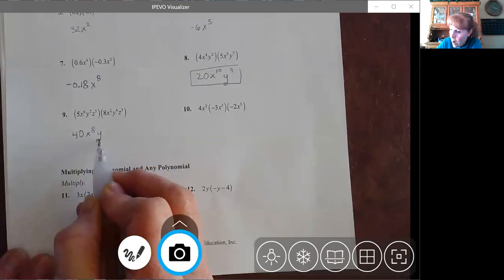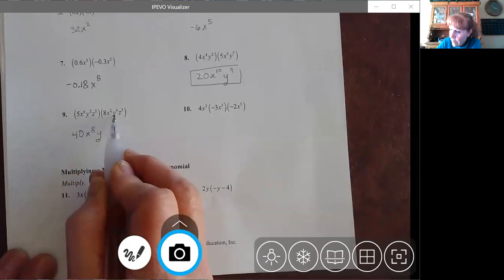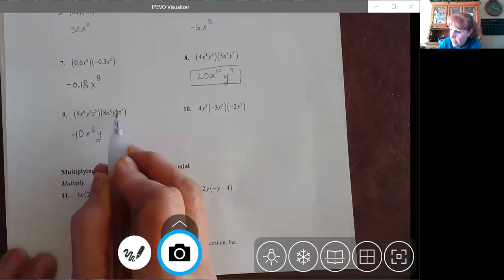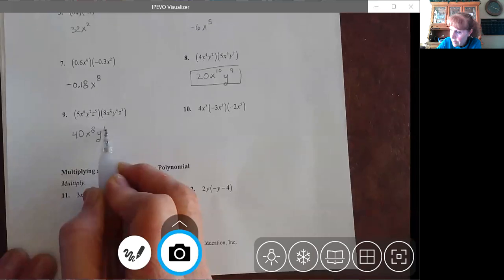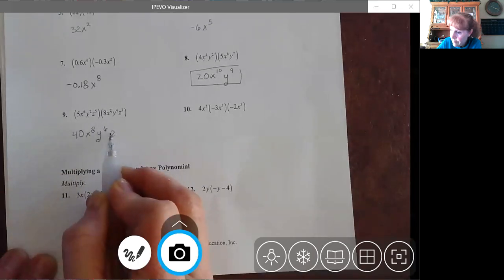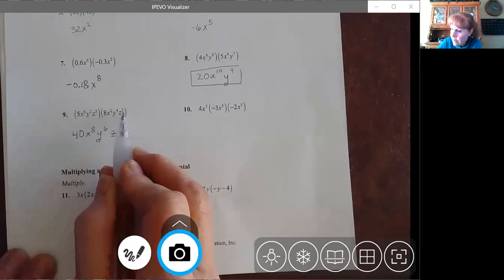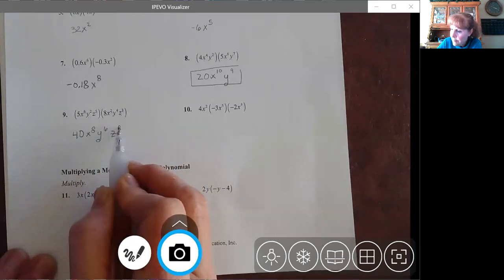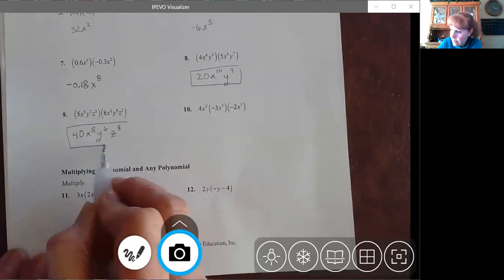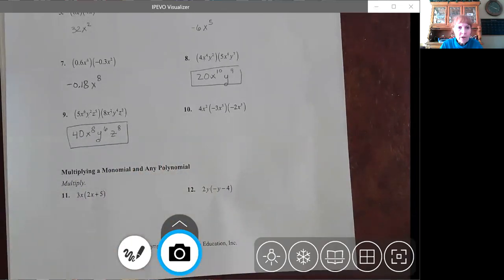Then our next one, y. We have 2 plus 4 is 6. Z, 5 plus 3 is 8. And there's your answer. Multiplying coefficients, adding exponents.